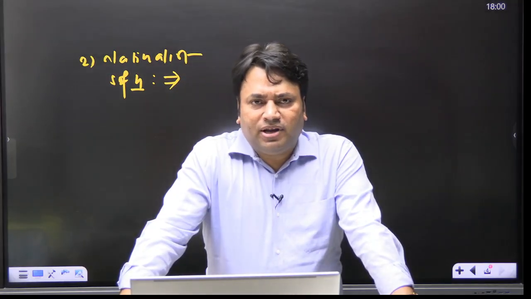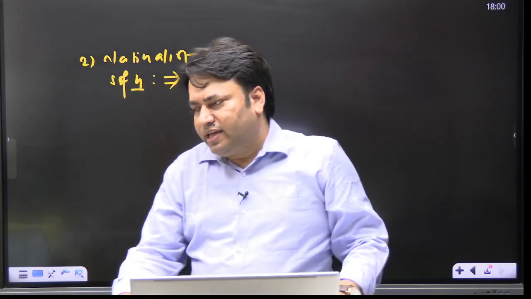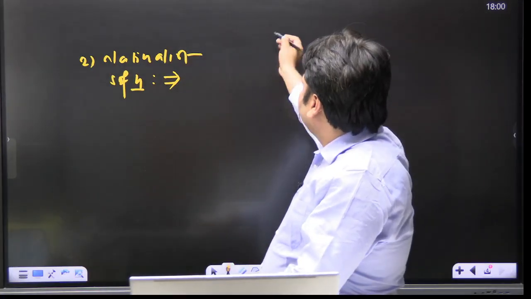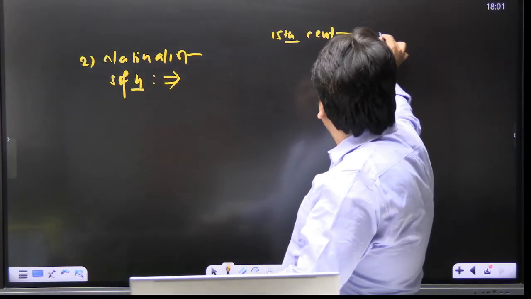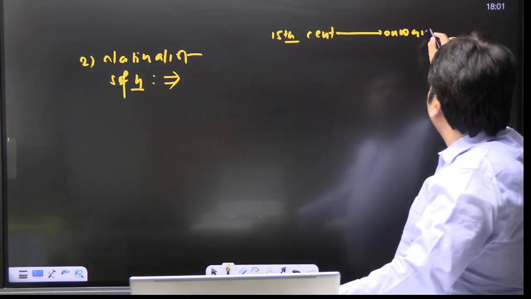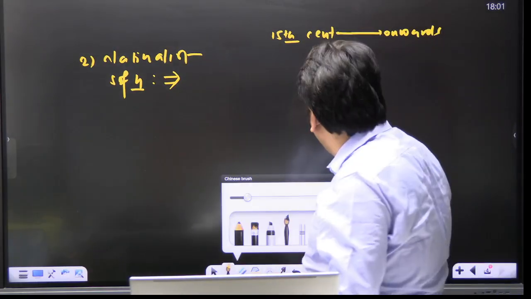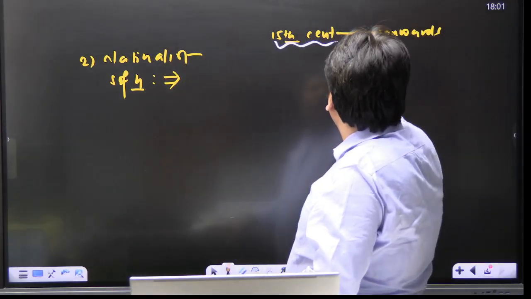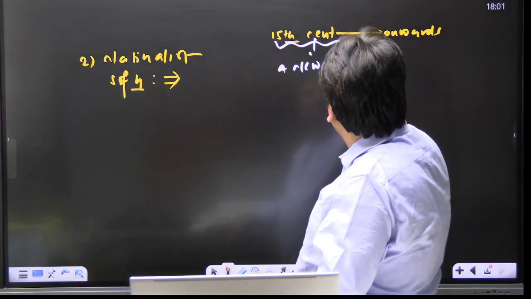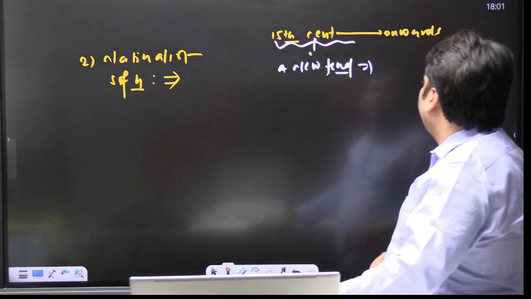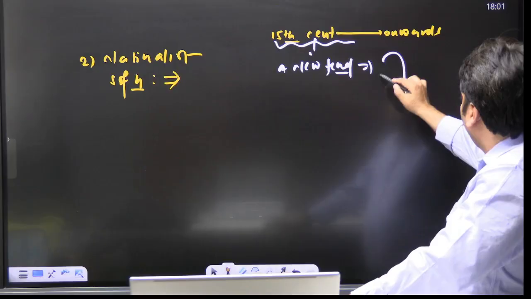So nationalist historians will say that there was a broader tendency that was seen from the 15th century onwards. It means at the global level you will see a new tendency. And what is this new tendency?